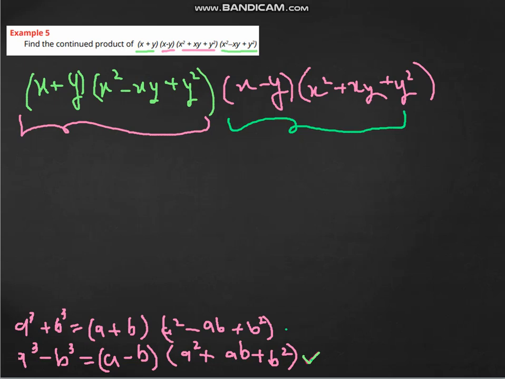So this one would make x cubed plus y cubed, and these two would make x cubed minus y cubed.